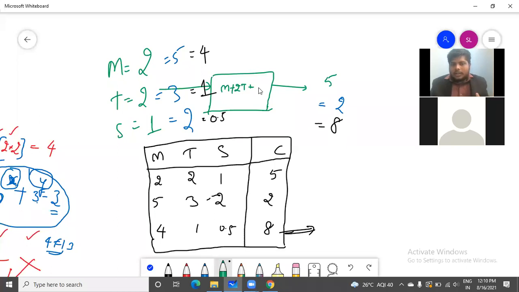So 2, 4 plus, it has almost become 2 plus 4, 6. Again, I need 2 more, 2 more means I have to multiply by 4. So 4 into S. This is my static equation.